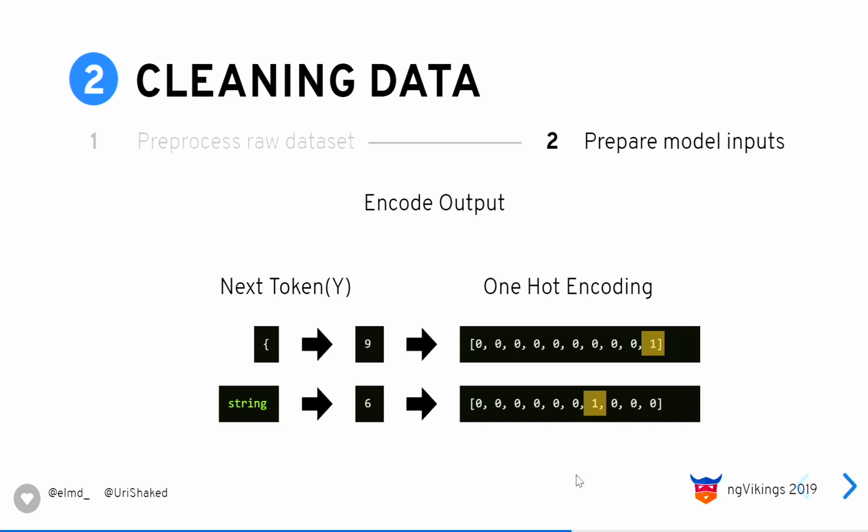Right, and this one does not only represent a one, this is actually a probability, because we want the model to say, in this case, it would be 100% sure that this is the token, and the rest is 0% sure, it can't be any of the rest. So it's basically a probability of every single token, how probable it is to be the next token.